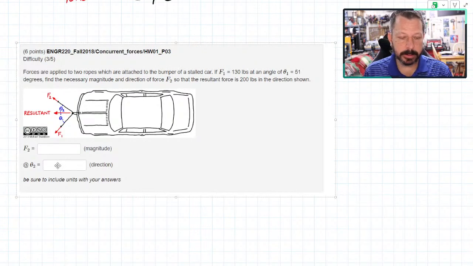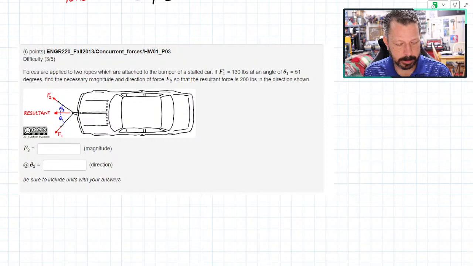Whenever you run into one of those where you've done stuff right and then it starts falling apart, it could be something rounding. If you can't find the solution on your own, the best way is to go back to WebWork and scroll down to the bottom, and it says email instructor.